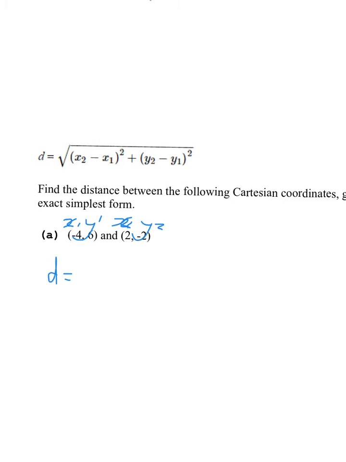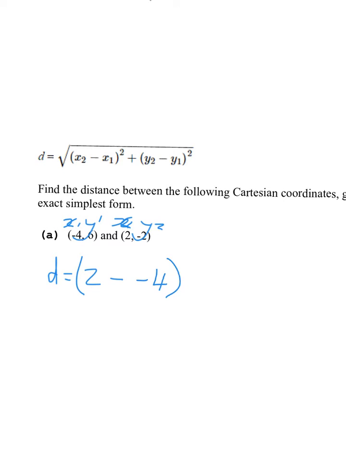Now the formula tells us x2 take x1, and square it. So x2 is this one, which is 2. We'll put it in brackets: 2 take x1, which is negative 4. So we take negative 4.